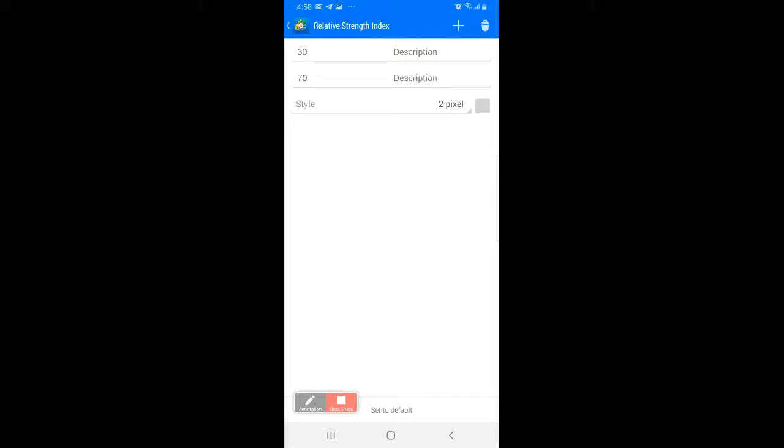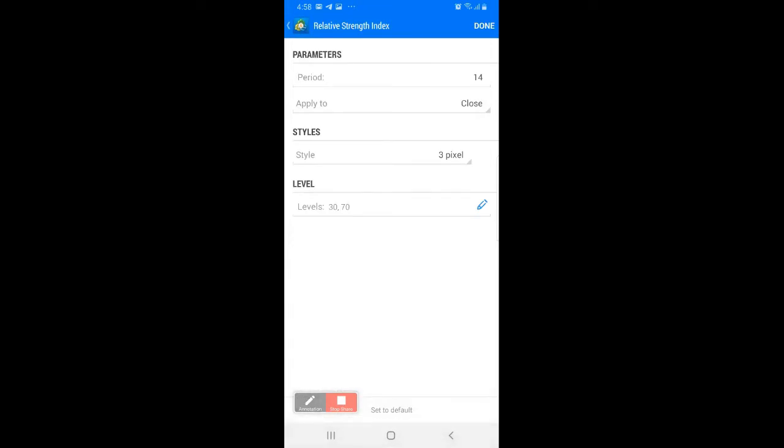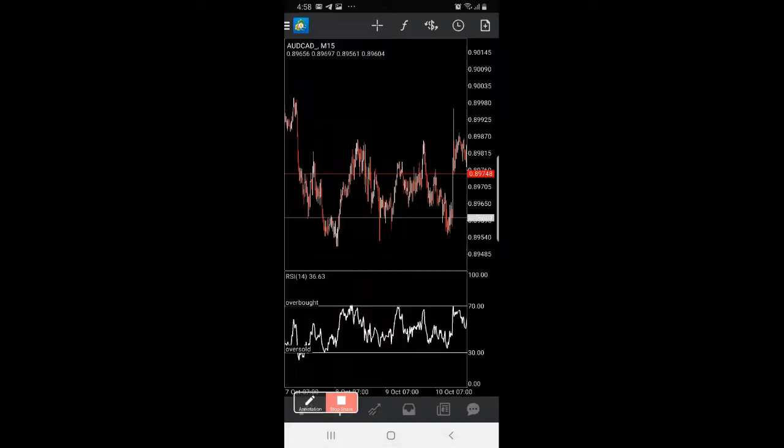Matter of fact, even right here in description, you can say overbought. Then for 30, you can put oversold. Go back. Okay, now what you want to do is click on done.